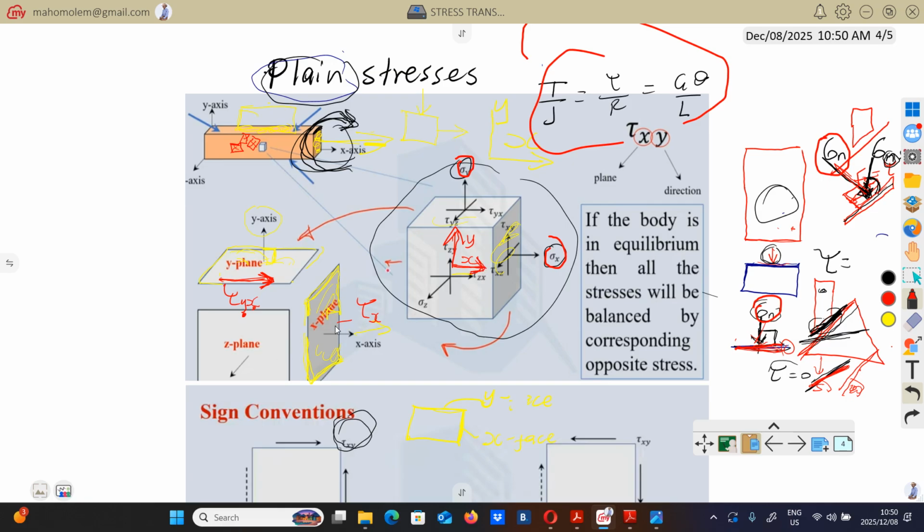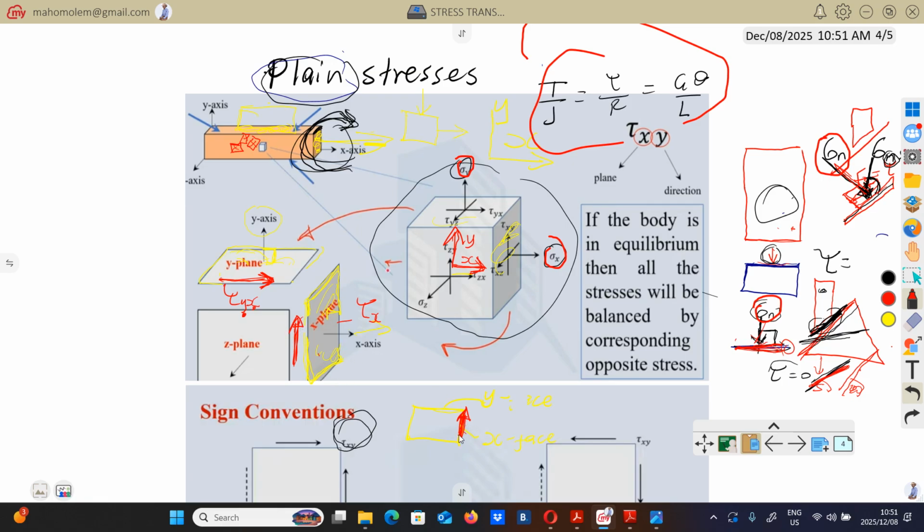So the same thing here, we're going to have the shear stress on the x face. This is the x face. In which direction? What is the direction of this arrow?